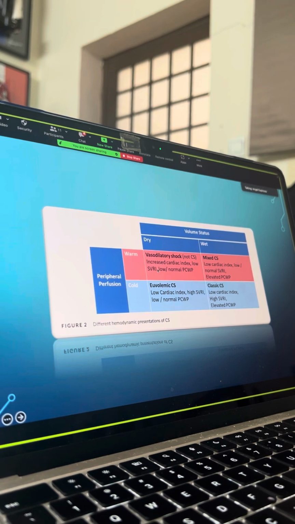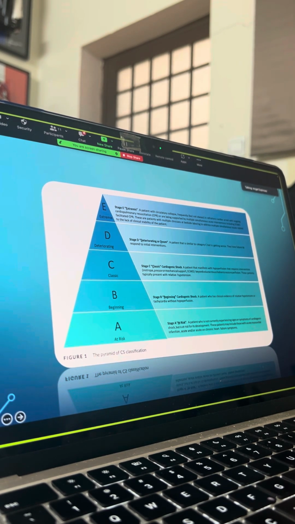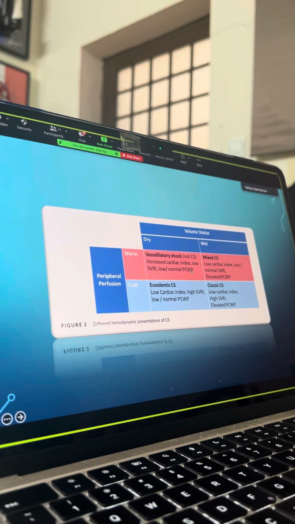We can classify them as the vasodilatory shock, the wet shock, the mixed cardiogenic shock, the euvolemic shock, and the classic cardiac shock, where we have low cardiac index, high peripheral resistances, and elevated wedge.